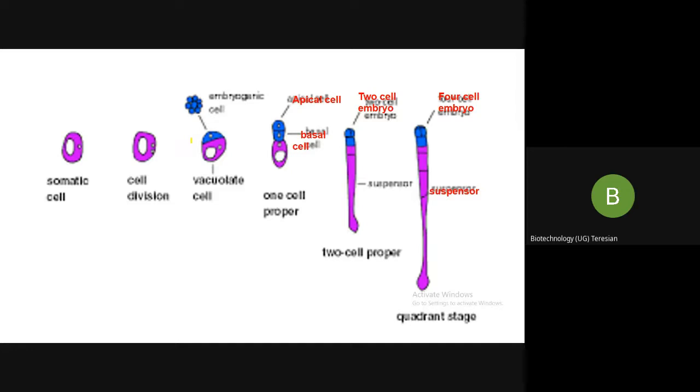But is the callus cell naturally formed? No, from the callus cell we are developing the embryos. So the embryo developing from the zygote is called a zygotic embryo, while those derived from the somatic cells are called somatic embryos.